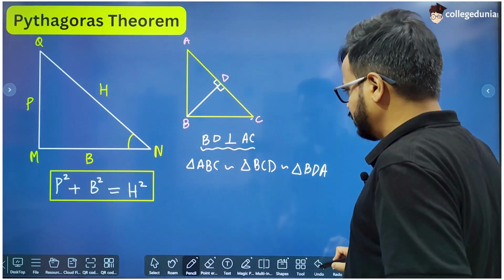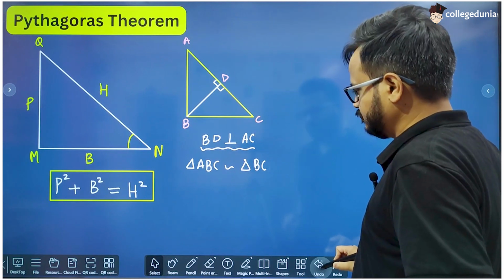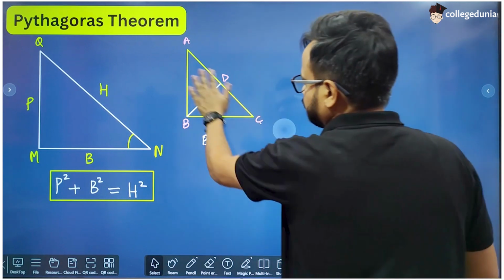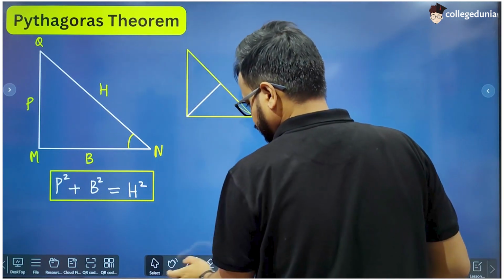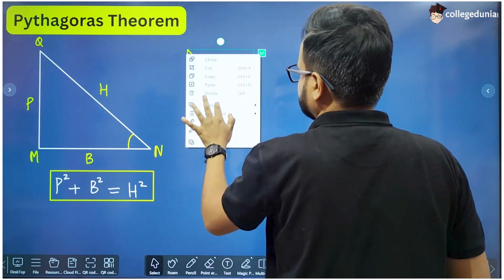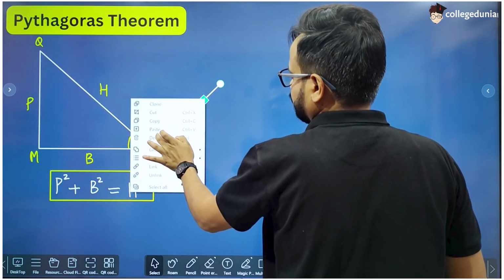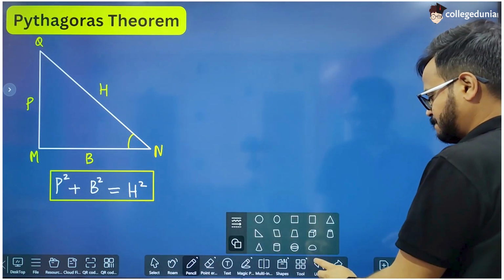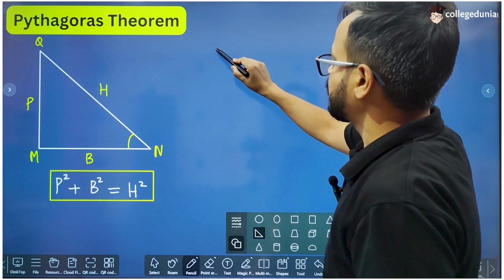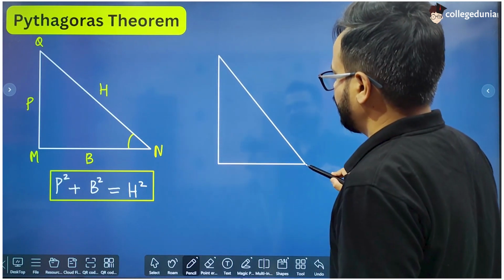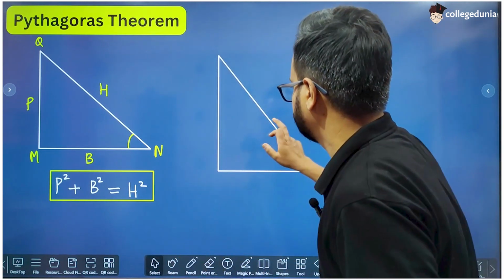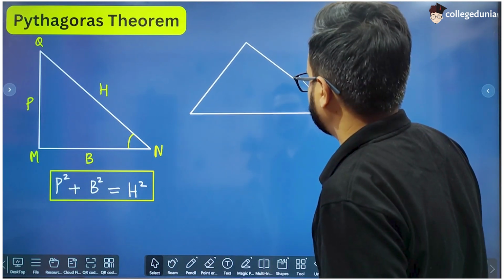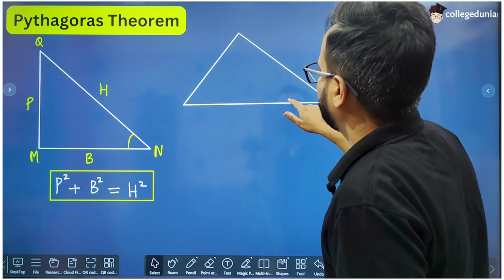So let's redraw this figure once again. Now this is a right angle triangle, but we are drawing it like this just to make things clear.